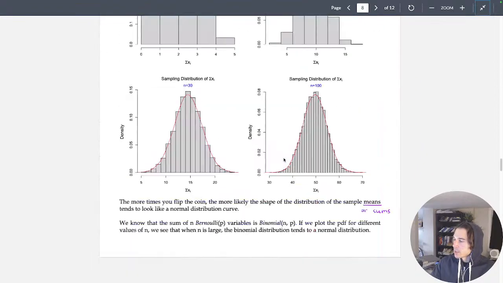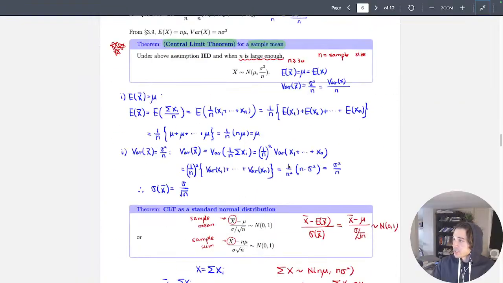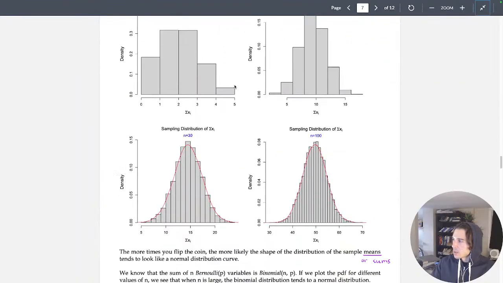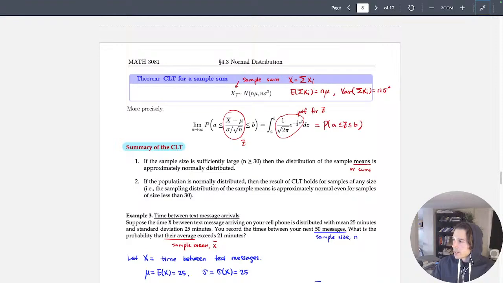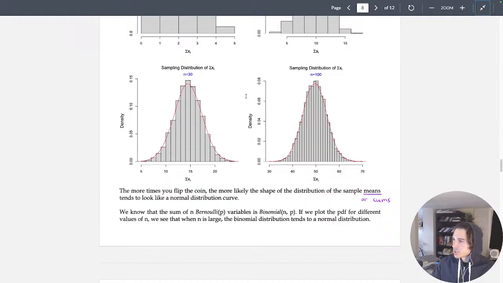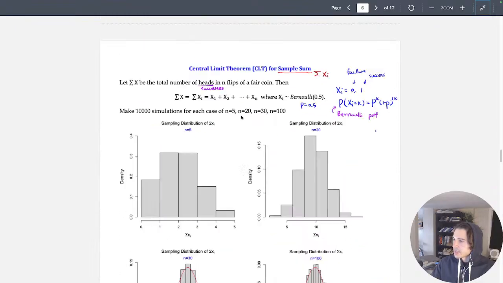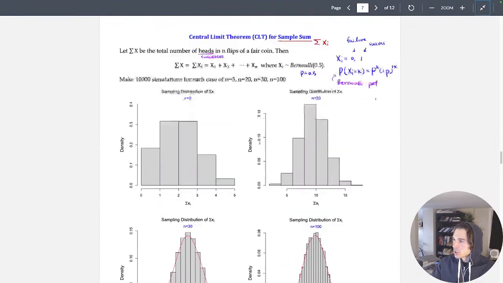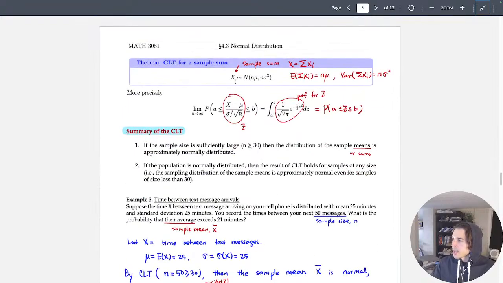Do I need to remember this? Of course I do, but do I need to review this right now? No, it's pretty straightforward. CLT for sample sum, pretty sure that's just another way of saying this. Pretty sure, not 100%. I'll read it. X comes from a normal with mean n mu and variance n sigma squared.